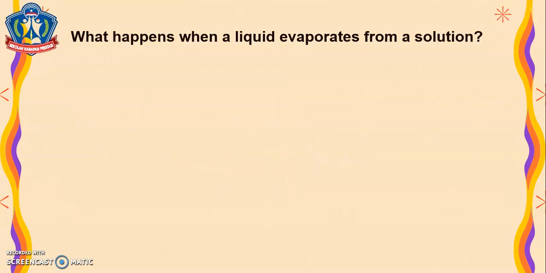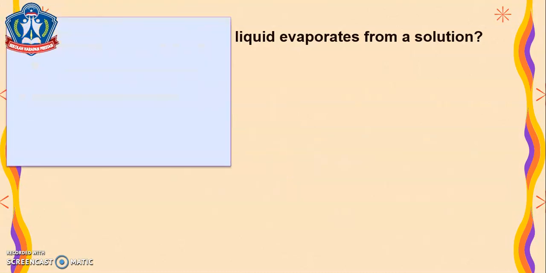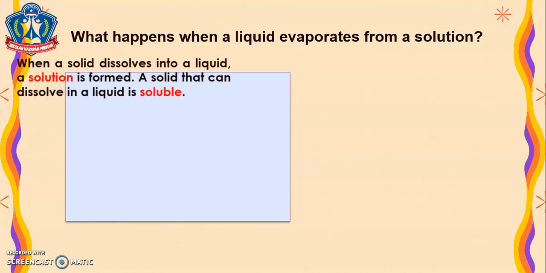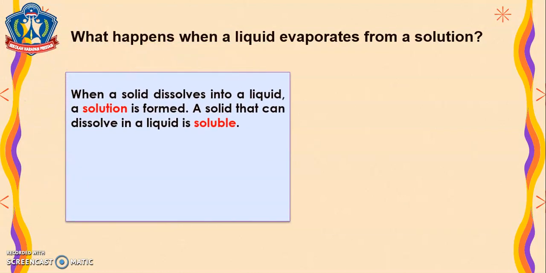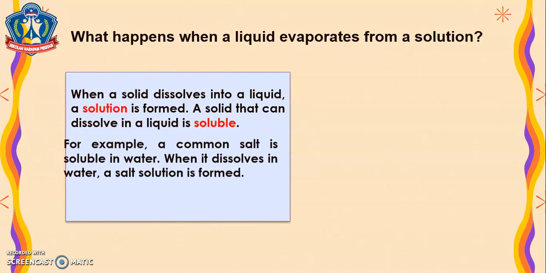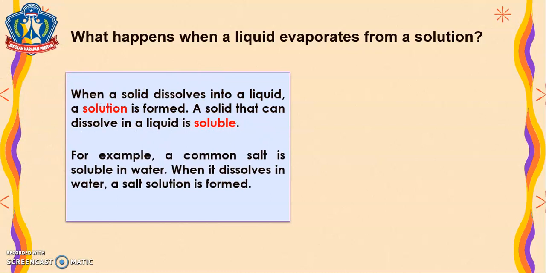What happens when a liquid evaporates from a solution? When a solid dissolves into a liquid, a solution is formed. A solid that can dissolve in a liquid is soluble. For example, common salt is soluble in water. When it dissolves in water, a salt solution is formed.